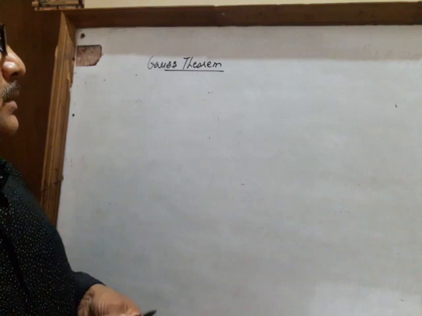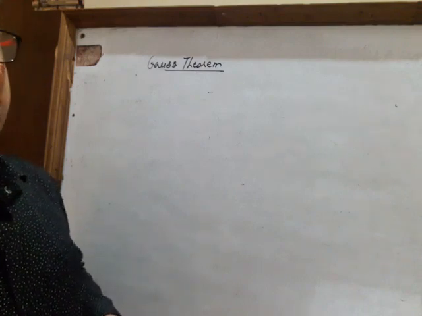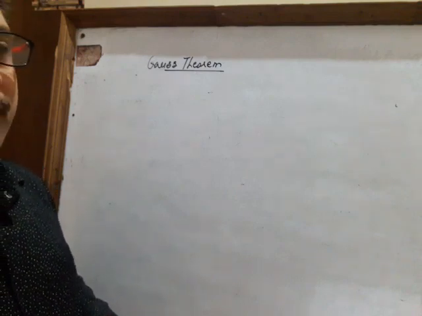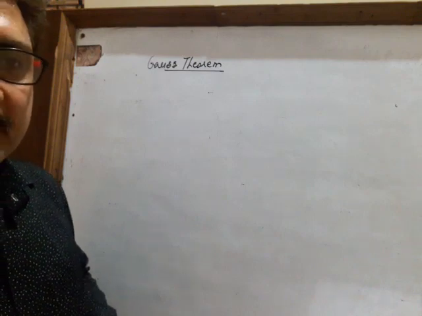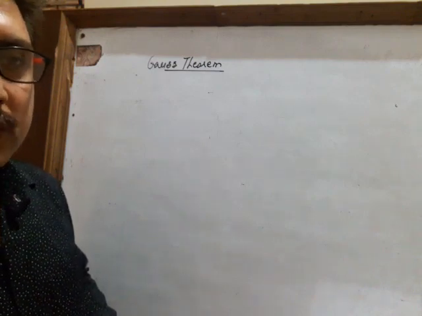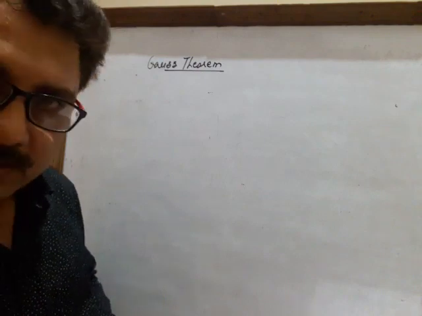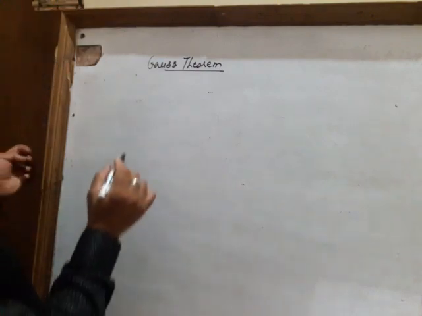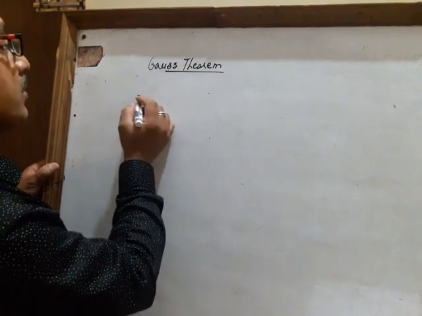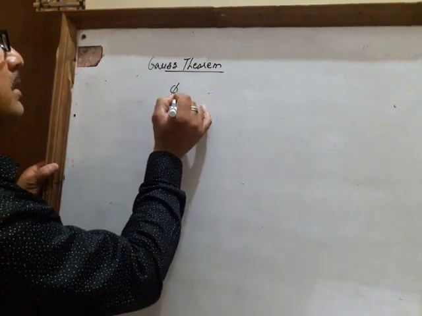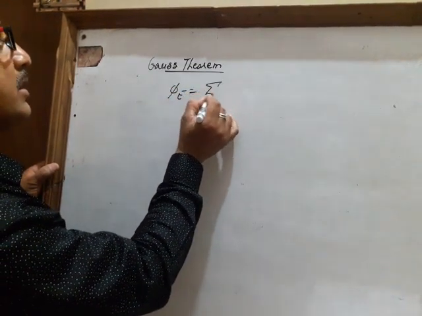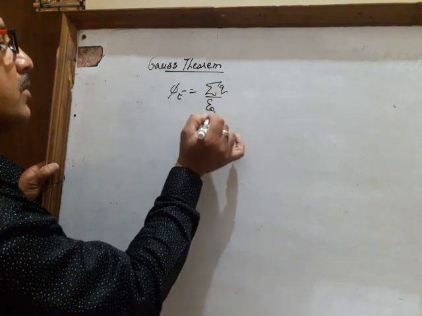Gauss theorem states that the total amount of electric flux emanating from a closed surface is given by the net charge enclosed by the surface divided by epsilon naught. Phi E is equal to sigma q upon epsilon naught.